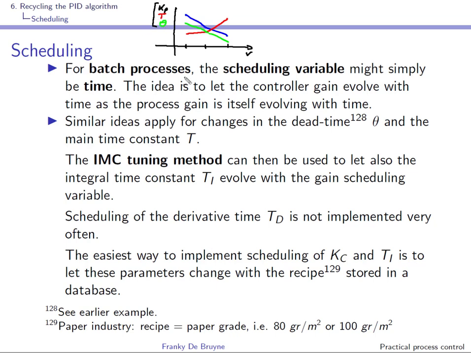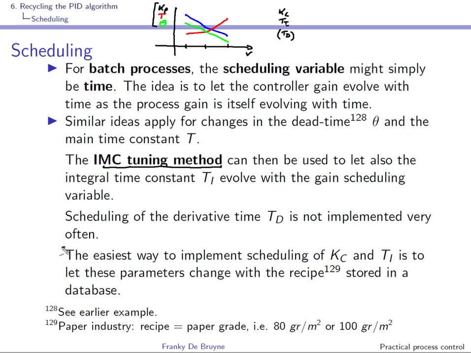Again, a time constant and a delay, and then use the IMC PID tuning method to obtain the corresponding variations in the controller gain and the integral time constant, and you could even take the derivative time constant, although this is not often done, and you find the corresponding variation of the controller gain and the integral time constant as a function of the scheduling variable, right? And then you extend this idea of gain scheduling to simply controller scheduling.